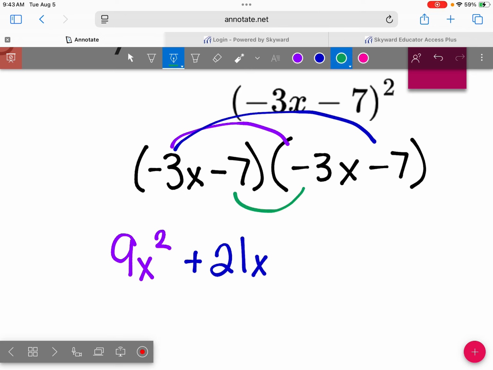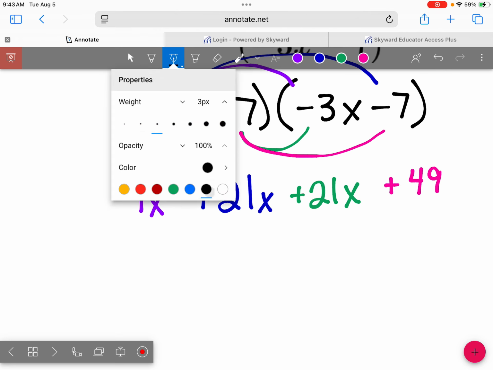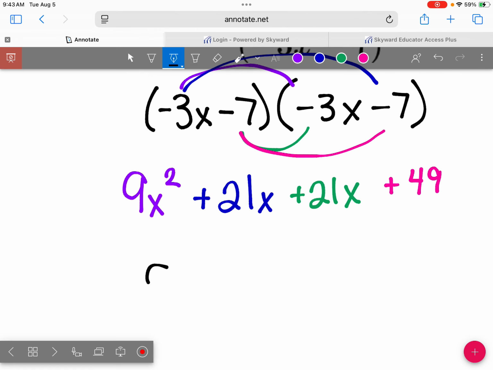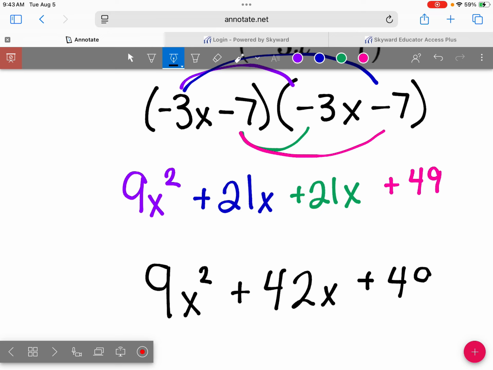Minus 7 times minus 3, giving us plus 21x. And then we get our plus 49. So there's a middle term here. So it's super important that we do not just think about distributing your power, because that's not how that works. It is being squared, meaning it's multiplying against itself. So that's our answer for that one.